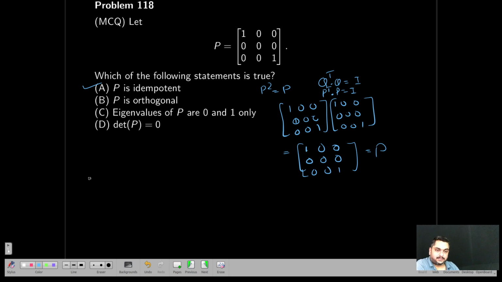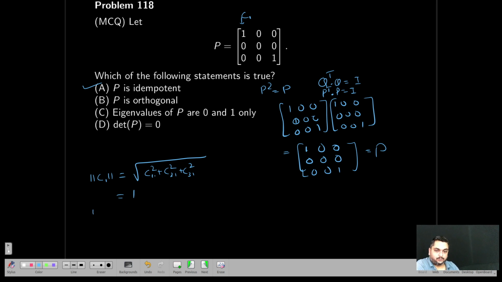If I take column C1, the length of C1 is the square root of C11 square plus C21 square plus C31 square. That is 1 square plus 0 plus 0, that is 1.